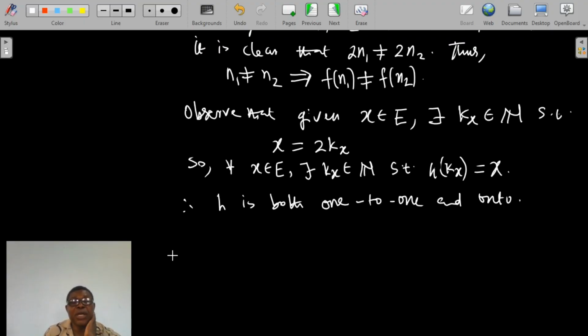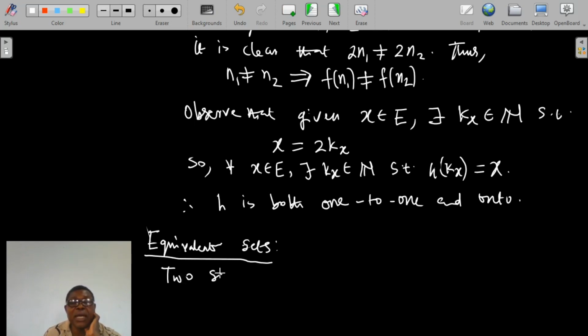We now go further to give the following definitions, which talk about equivalent sets. Equivalent sets.